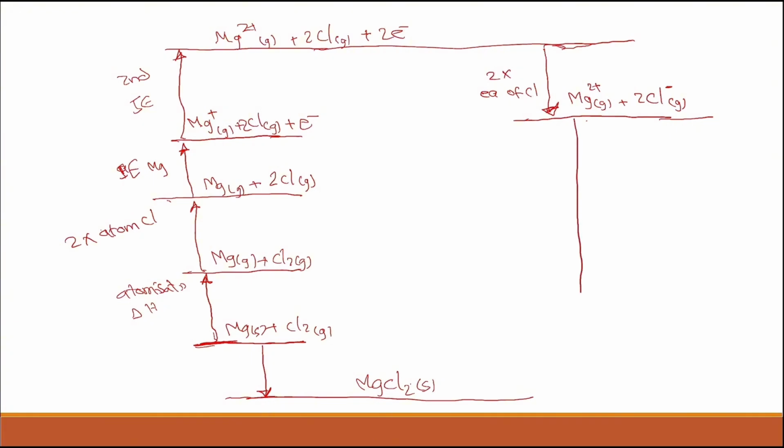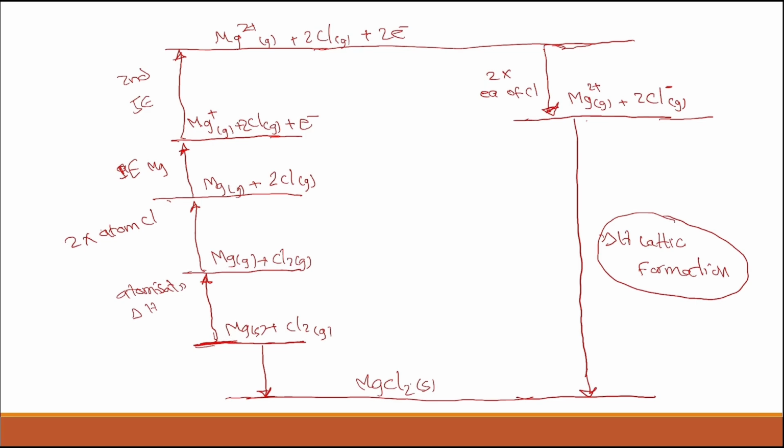So this is going to give us the lattice formation. This is the enthalpy of lattice formation, in this direction. If the enthalpy of lattice formation is missing in your question, you need to construct the Hess cycle, or do the equation, or find your routes.